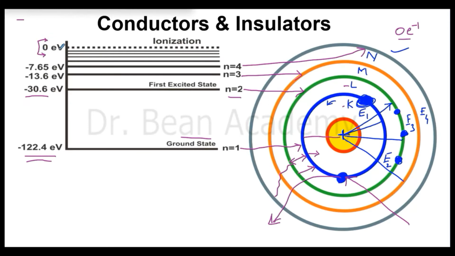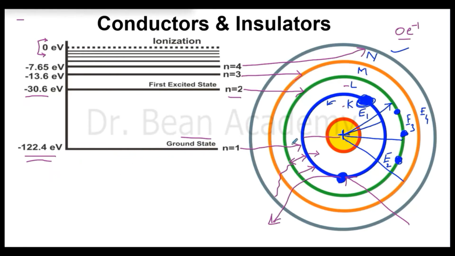Of course, if it is totally free, there is no force or field acting on it, any type of field, electrostatic field, so it has no energy, because an electron or an object has energy, whether kinetic or potential, only when it is under the effect of a certain force or field.